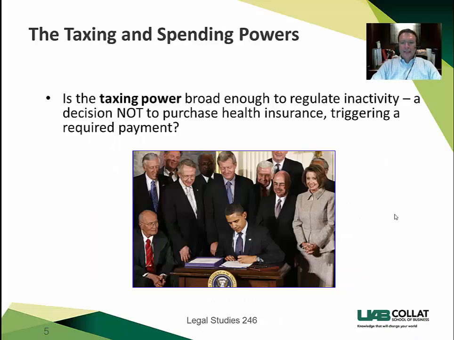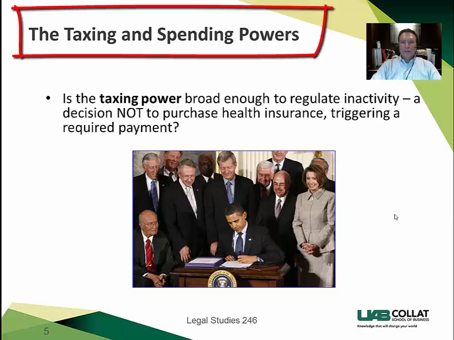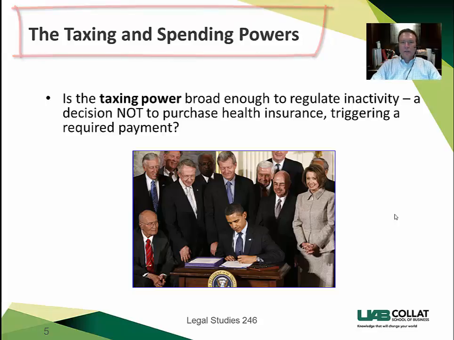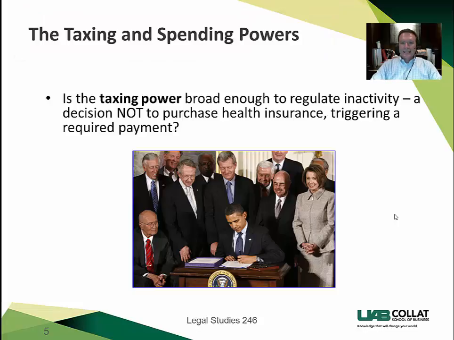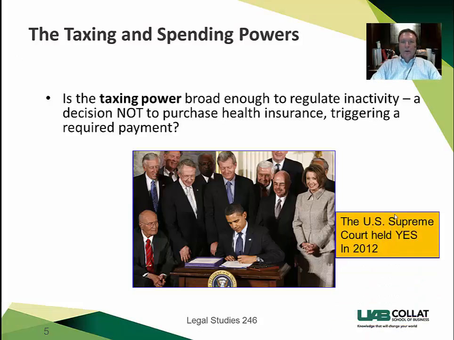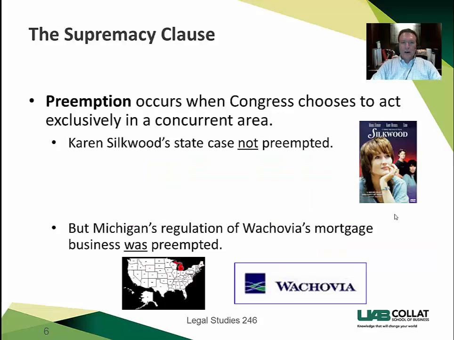What is usually successful as a provision of the Constitution that allows Congress to regulate business is the power that the Constitution gives to Congress to tax us, and that in fact was the section of the Constitution that the Supreme Court found was the source for giving Congress the power to pass the Affordable Care Act.